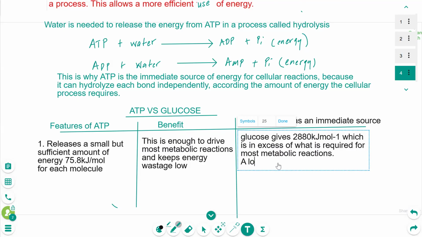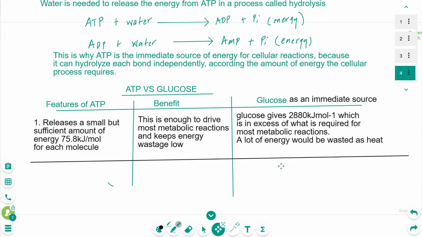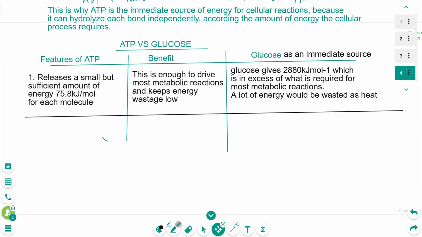A lot of energy would be wasted as heat. If we had chosen glucose as our immediate energy source instead of ATP, we would have been wasting a lot of energy as heat. We don't get that wastage with ATP because ATP gives a small amount of energy, which is closer to what most reactions would require.